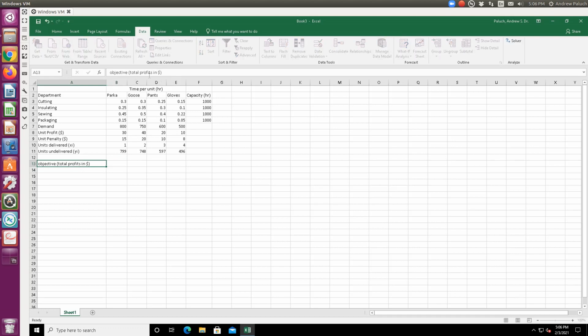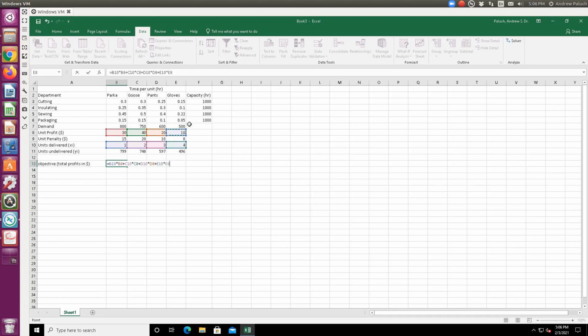So we needed to sum over all products: equals the number of units delivered times the profit per unit, plus number of units delivered of product 2 times the profit per unit, number of units of product 3 times the profit per unit, plus number of units of product 4 times the profit per unit.